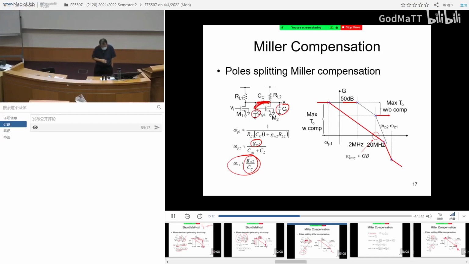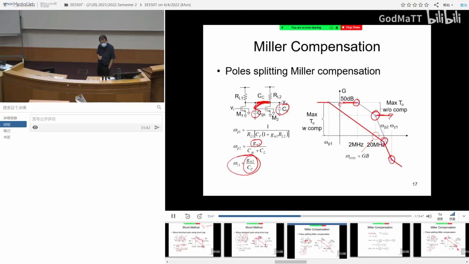Now, conceptually, using Miller compensation, you also have the same effect. It's trying to move the dominant pole to the left. But the non-dominant pole, instead of remaining constant, actually moves to the right. Sorry, wrong, right over here.